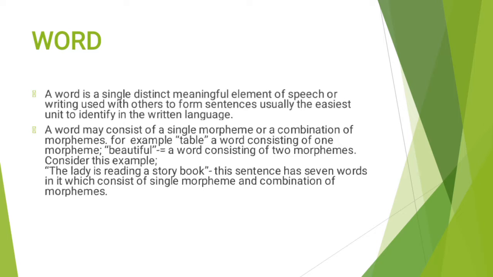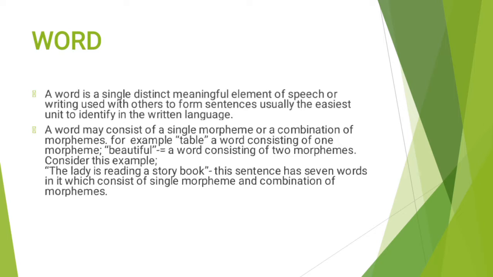But we also stated that a word can consist of a morpheme, or it can be a combination of morphemes. So when we read this sentence and count them in the form of morphemes, it's more than 7. We have the as a morpheme 1, lady 2, is 3, read plus the ing, so making it 5, then a 6, then story 7, then book becomes 8.